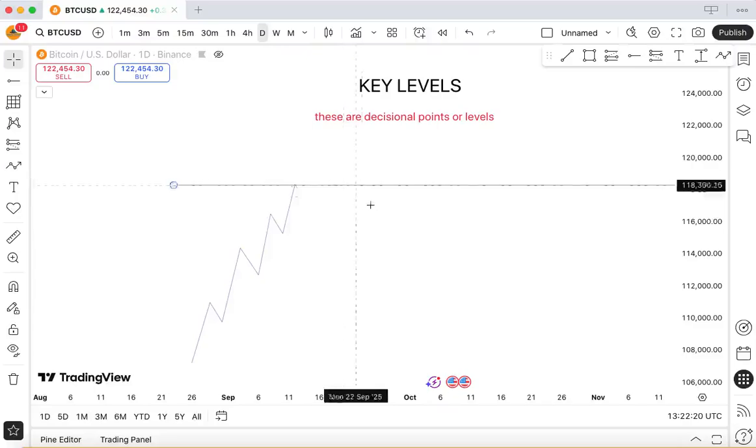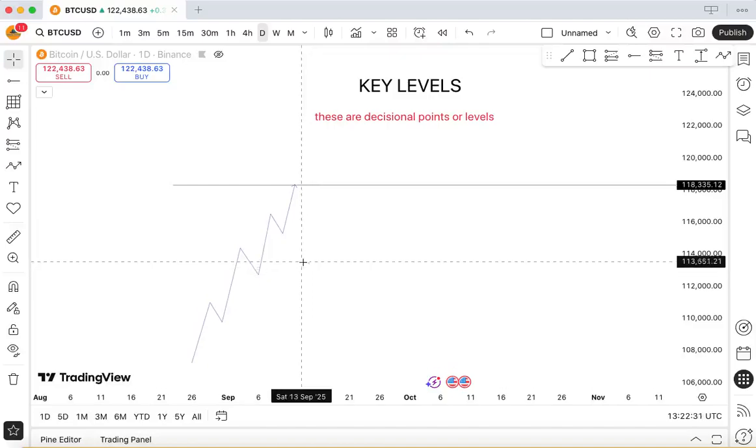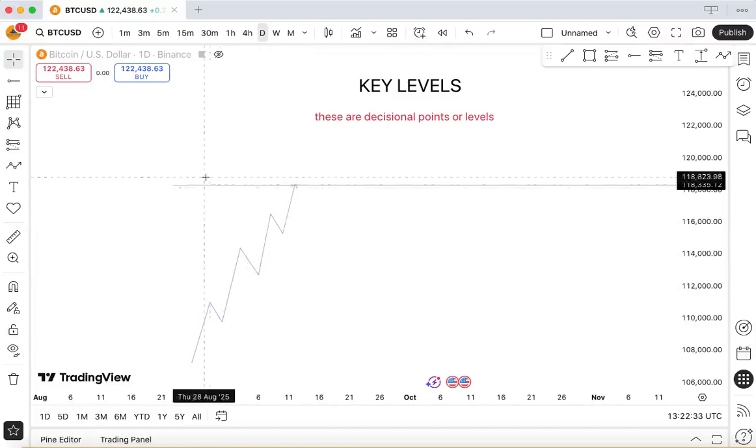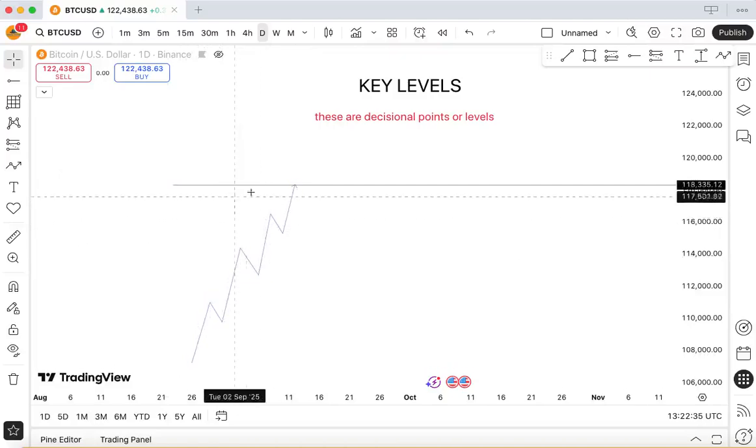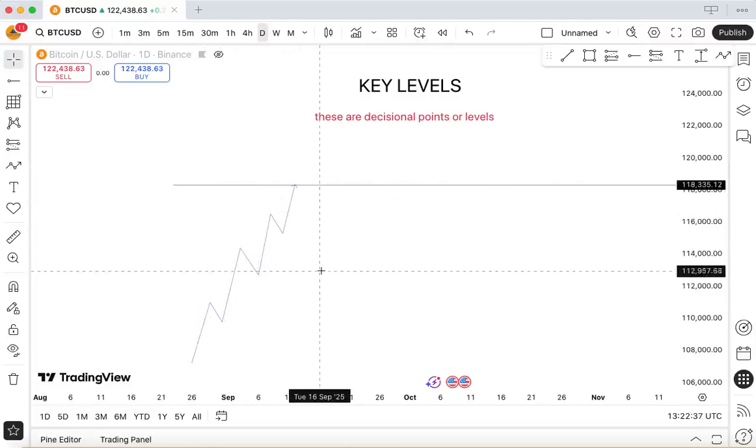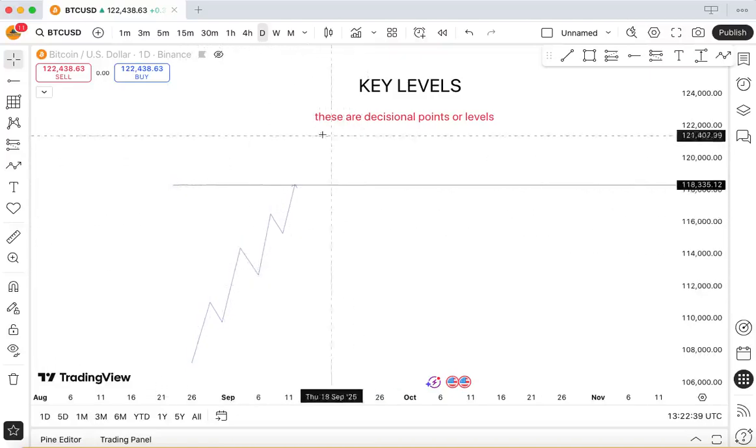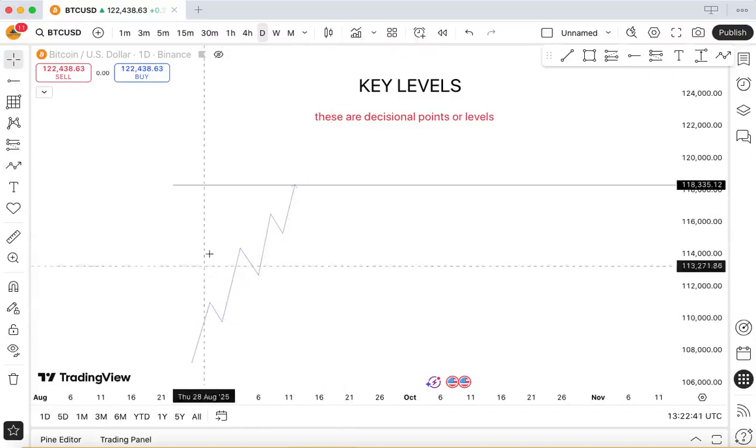So we are going to decide whether we are going to sell or we are going to buy at any key level we will be having here. Once price reaches there, we will be deciding whether to buy, whether to sell, or not doing anything at all.